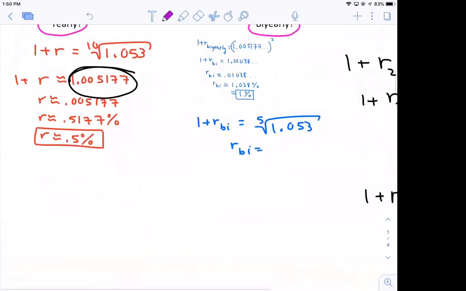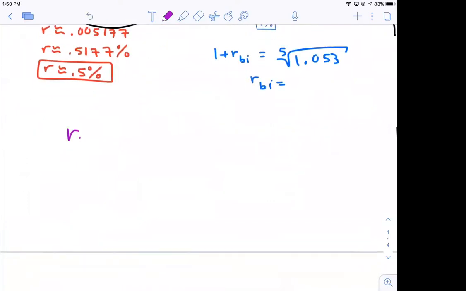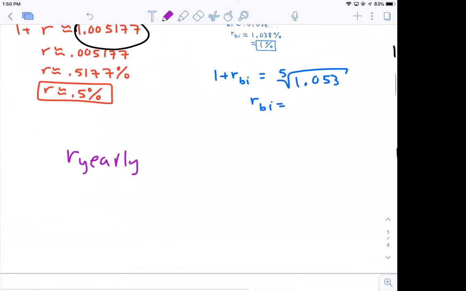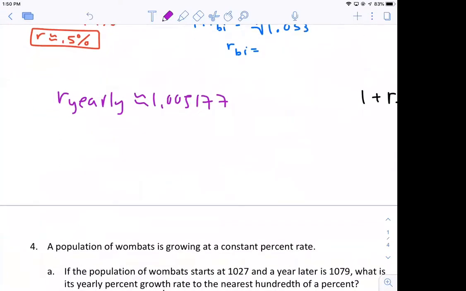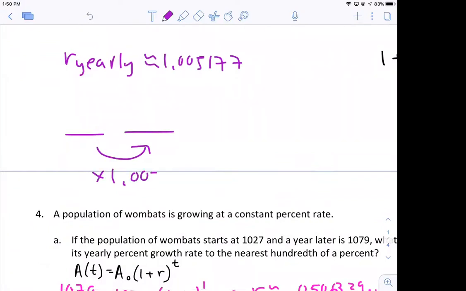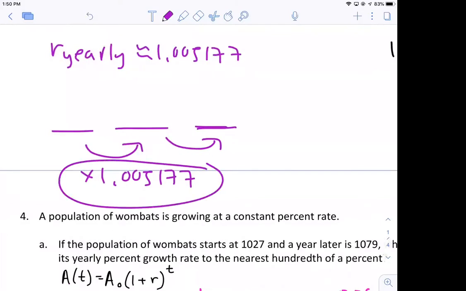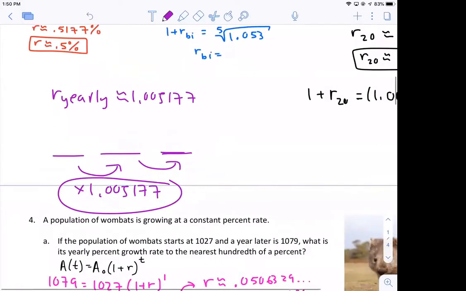So if my yearly rate of growth is 1.005, I'm just going to approximate and say the yearly rate of growth is 1.005. All right, I'll keep the decimals, 1.005177. That means going from 1 year to the next, I'm going to multiply by 1.005177. So if I want the bi-yearly rate, bi-yearly just means in 2 years. That means I'm going to multiply by 1.005177 2 times, or 1.005177 squared every 2 years.